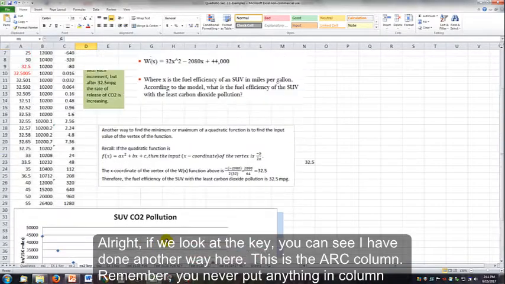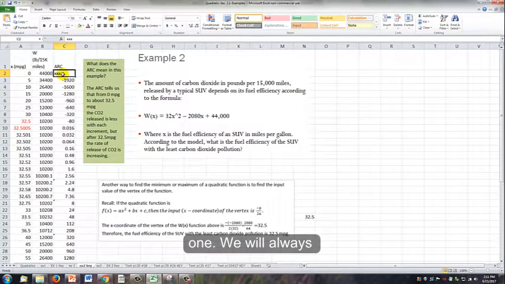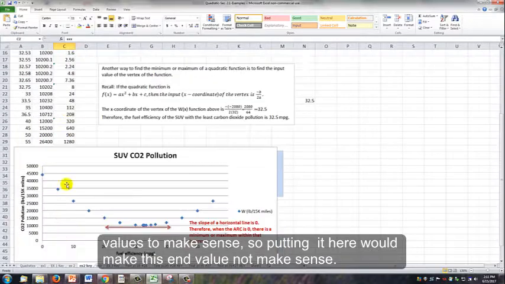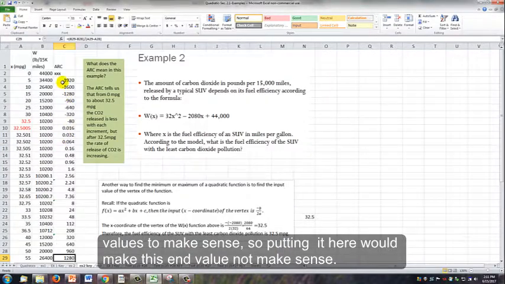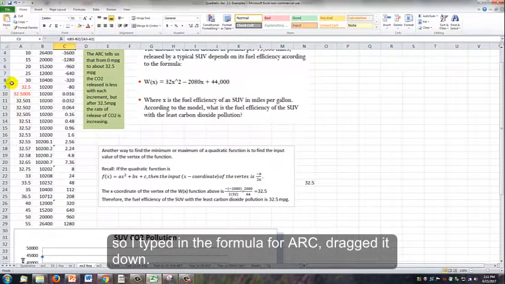Alright, if we look at the key, you can see I've done it another way here. This is the arc column. Remember, you never put anything in column 1. We want all of these values to make sense, so putting it here would make this end value not make sense. So I typed in the formula for arc, dragged it down.